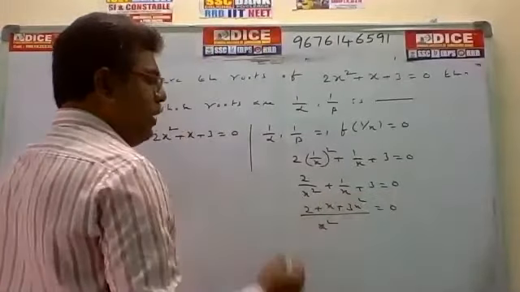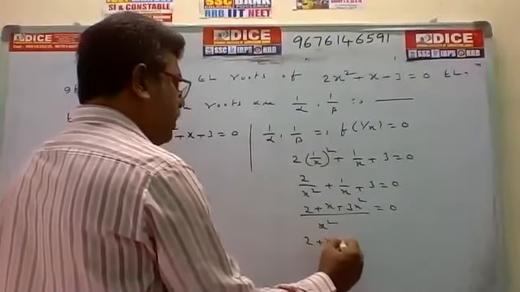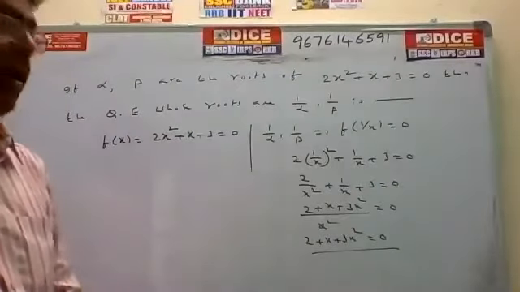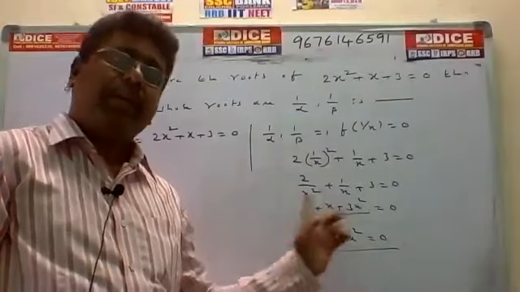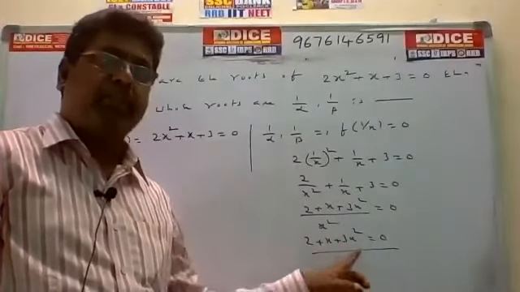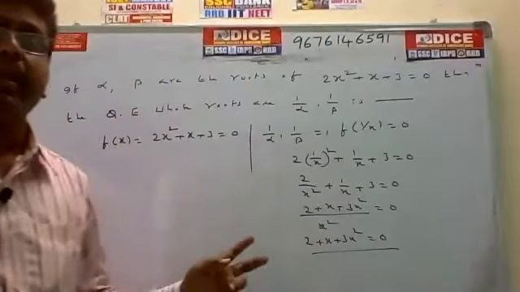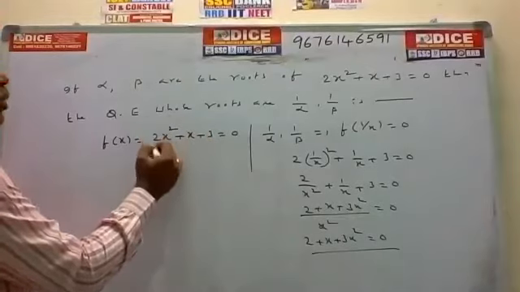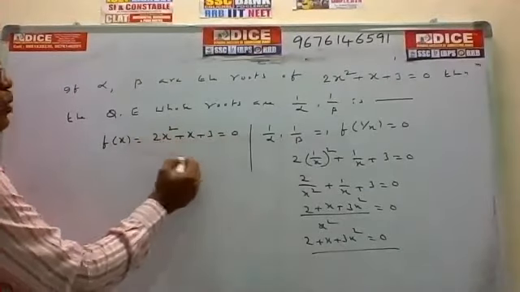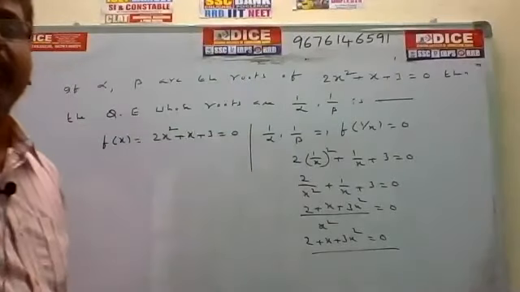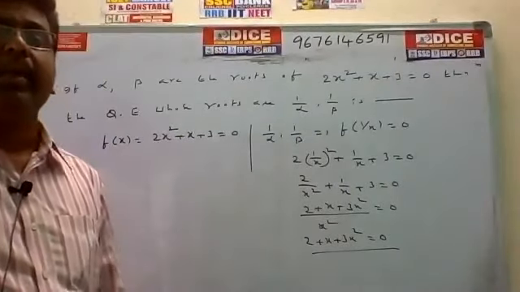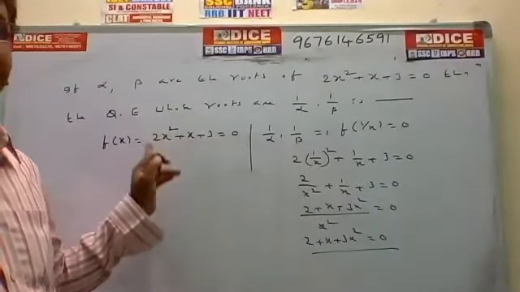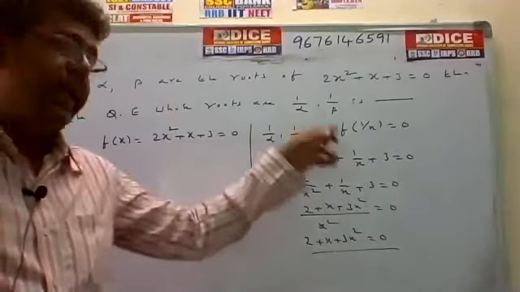So the required answer is 2 plus x plus 3x square, that is 3x square plus x plus 2 is equal to 0. Actually, if the roots are 1 by alpha, 1 by beta, the shortcut is that 3 comes to this side and 2 comes to that side in place of the constant. You can tell it directly also.